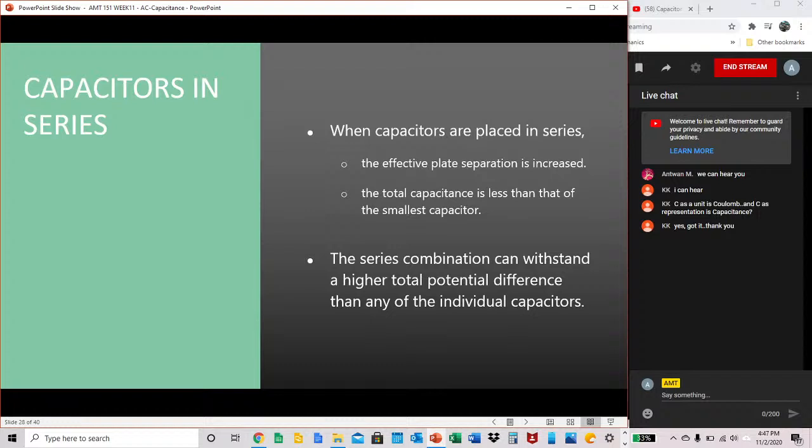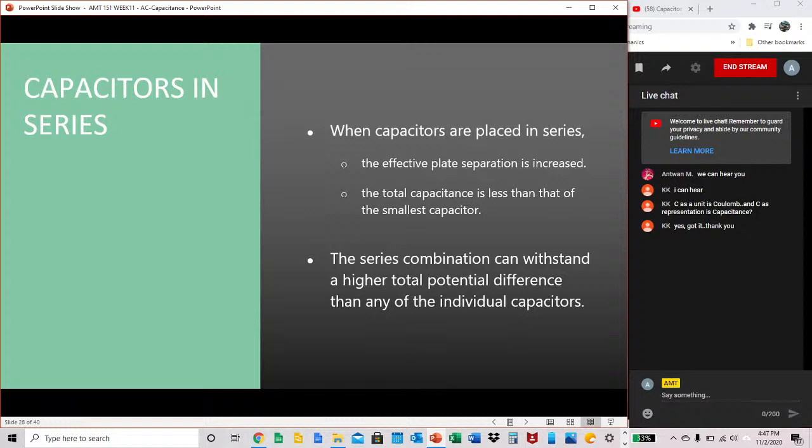but it's going to be applied in different ways. Because when talking about capacitance, our capacitors in series, this second comment here says the total capacitance is less than that of the smallest capacitor. So if you remember, when we were talking about DC circuits and resistors, when resistors are set in parallel in a DC circuit, the total resistance is less than that of the smallest resistor.